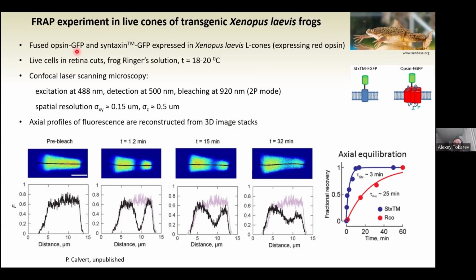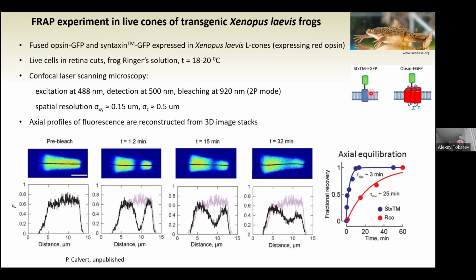So we use transgenic animals actually, and we can observe transport of these molecules in the microscope. So we use genetically modified frogs, and these frogs have a GFP either on rhodopsin or on a syntaxin transmembrane domain. So they are shown here, rhodopsin with GFP and transmembrane domain of syntaxin with GFP.